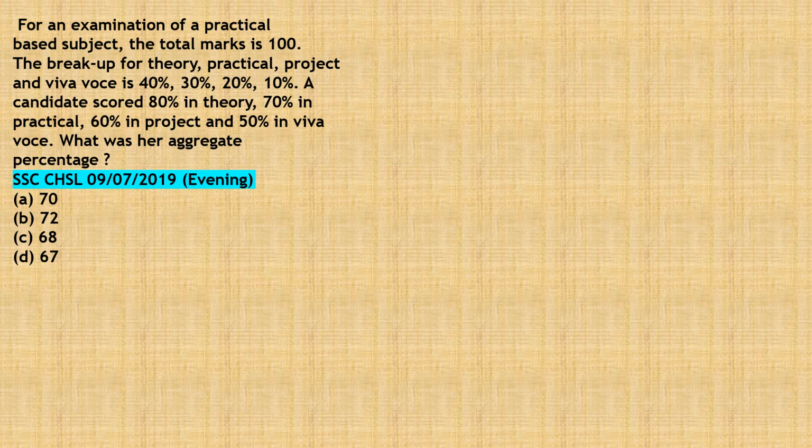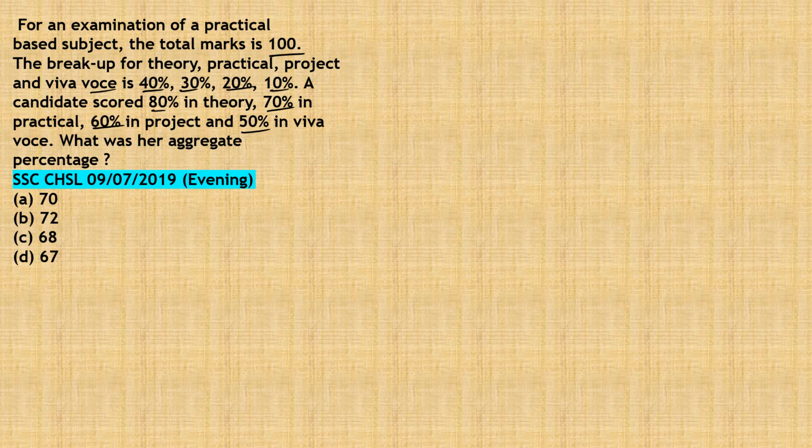For an examination of a practical based subject, the total marks is 100. The breakup for theory, practical, project and viva is 40%, 30%, 20% and 10%. A candidate scored 80% in theory, 70% in practical, 60% in project and 50% in viva. What was her aggregate percentage?